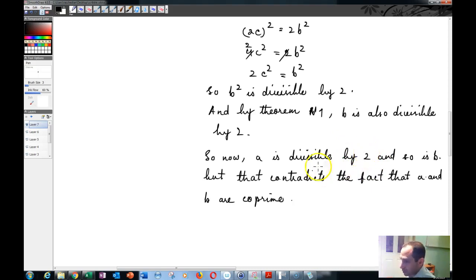So this is a contradiction, right? And contradiction is not supposed to be there. That means that there is something wrong.